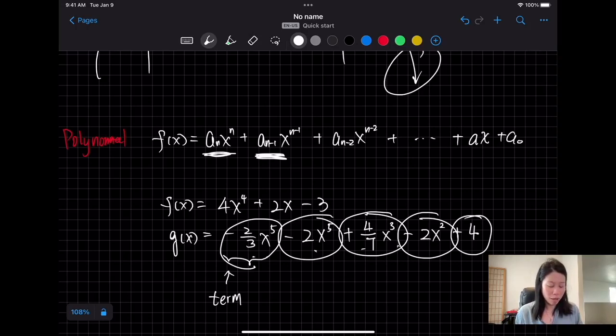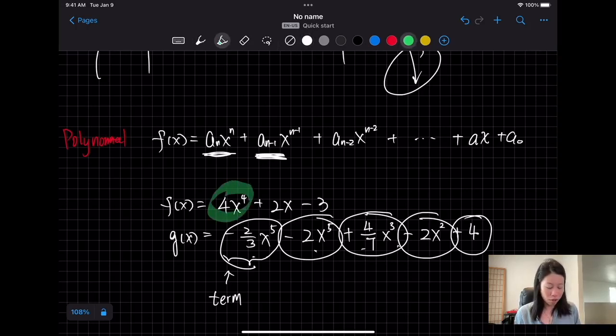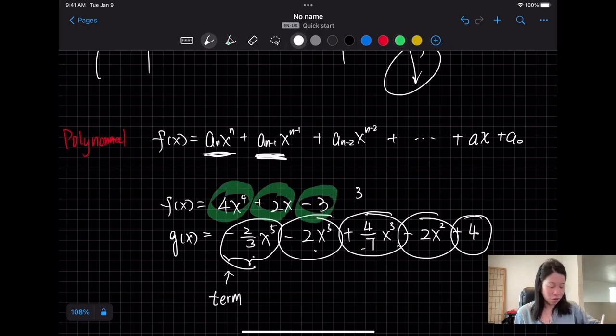So now let's look back to our f(x) function. How many terms are there? 1, 2, 3. So they totally have 3 terms. And when it comes to terms, something very important is that you have to include the sign.